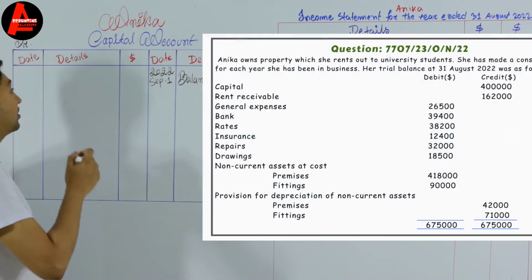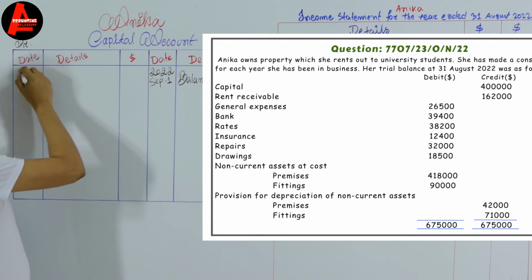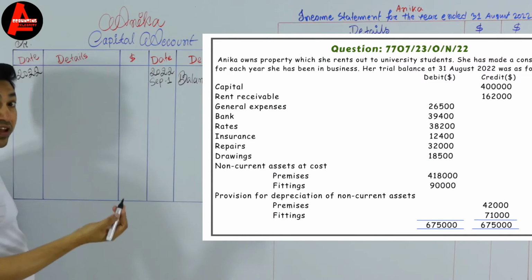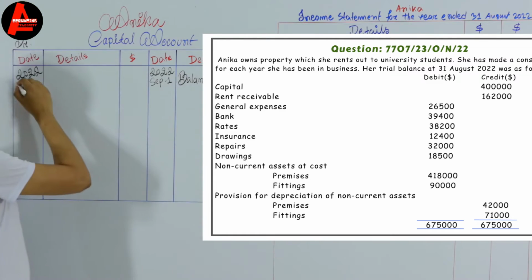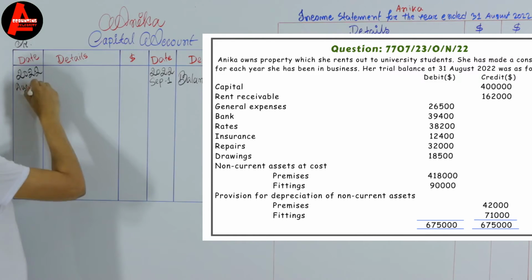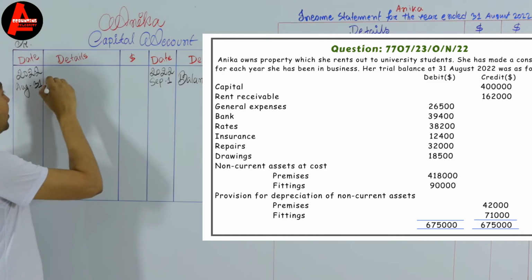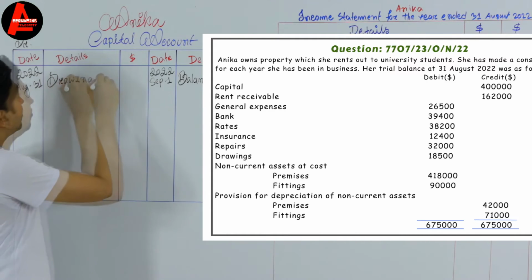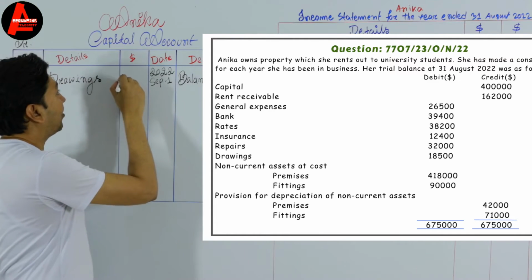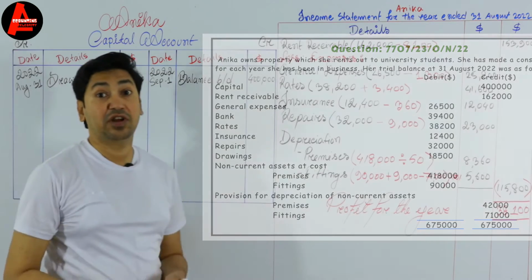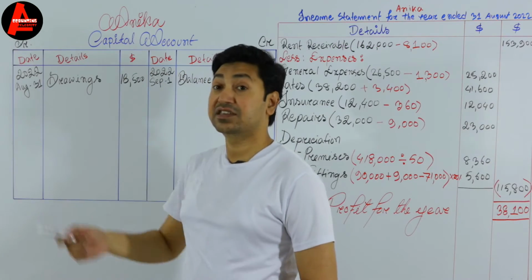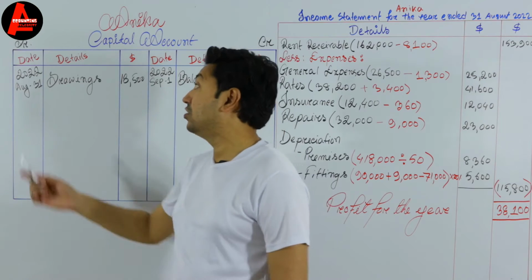So let us write 2022, the last day of the financial period, which is 31st August. We write drawings here, $18,500 as in the question. Don't forget to write the date, because dates carry marks.